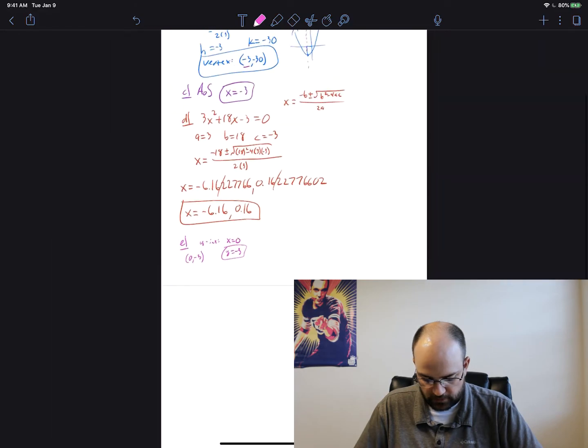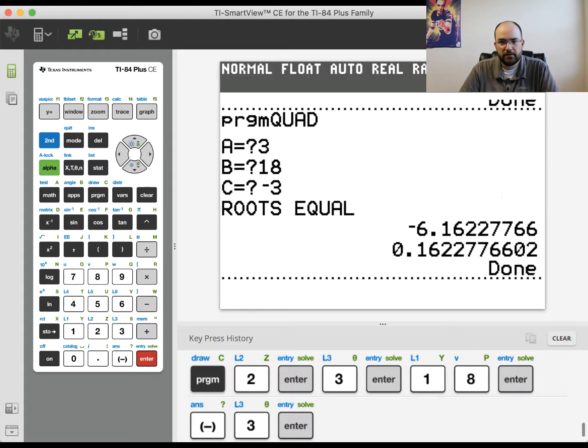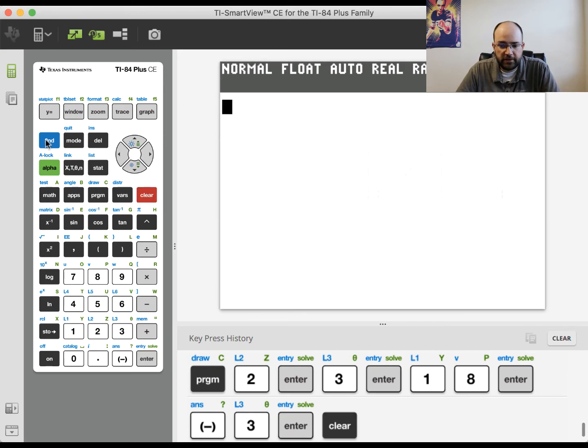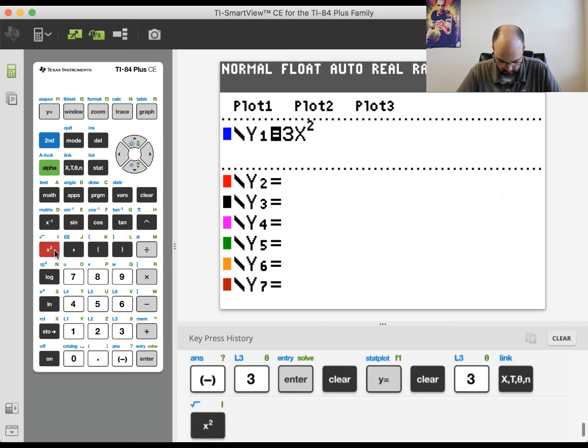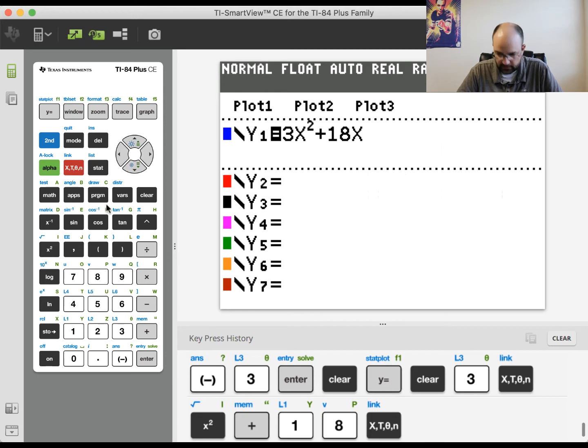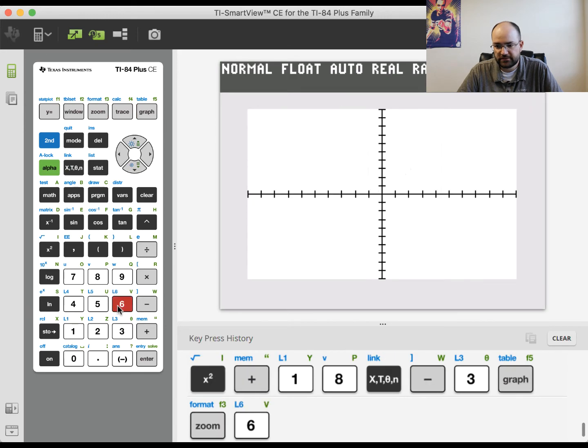Alrighty. Okay, so let me go ahead and clear this. Let's go ahead and go to y equals. I'll clear out the previous example. We have on this one 3x squared plus 18x minus 3. And then you can graph this, but zoom 6.